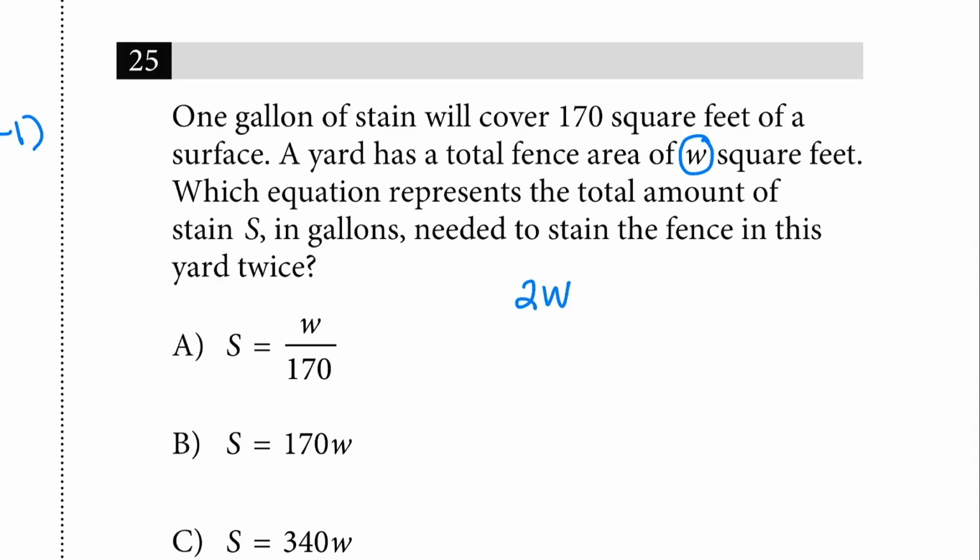Now we also know that we have 170 square feet per gallon. Multiply that by the number of gallons that we need, because each gallon covers 170. So we are going to have 170 S, and then we're also going to have our twice of the fence area.